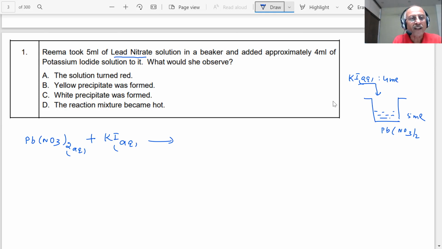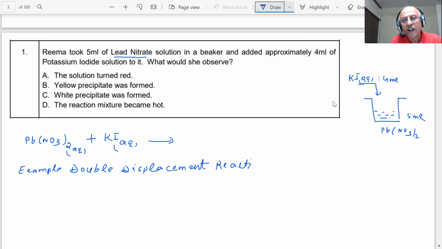Students, you can see that this is an example of a double displacement reaction. And what is a double displacement reaction? The ions of the reactants get exchanged.